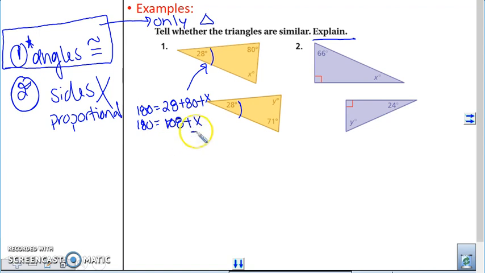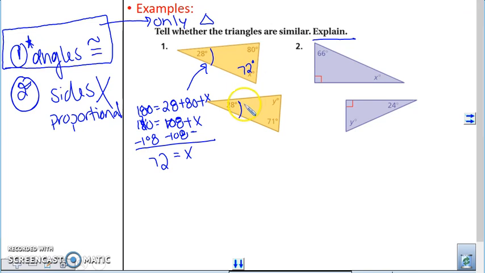Now I'm going to take away 108. And I'll have x is equal to, gotta borrow, 10 minus 8 is 2. 7 minus 0 is 7. 1 minus 1 is 0. So this angle right here is 72.